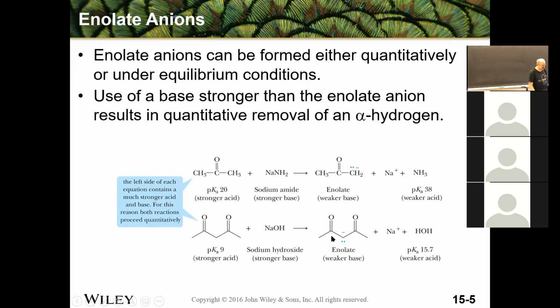The enolate is resonance stabilized over both oxygens. That forms water, which is 15.7, and that's a weaker acid, okay, by several powers of 10. So this does go all the way to product. So that's an example of a quantitative formation of enolate anions.